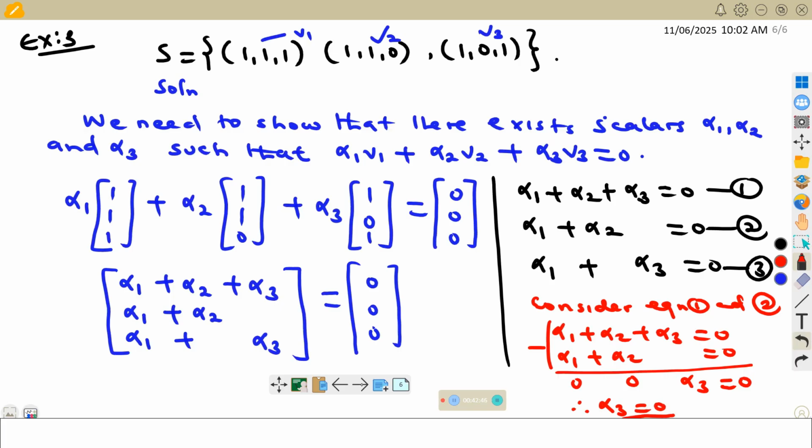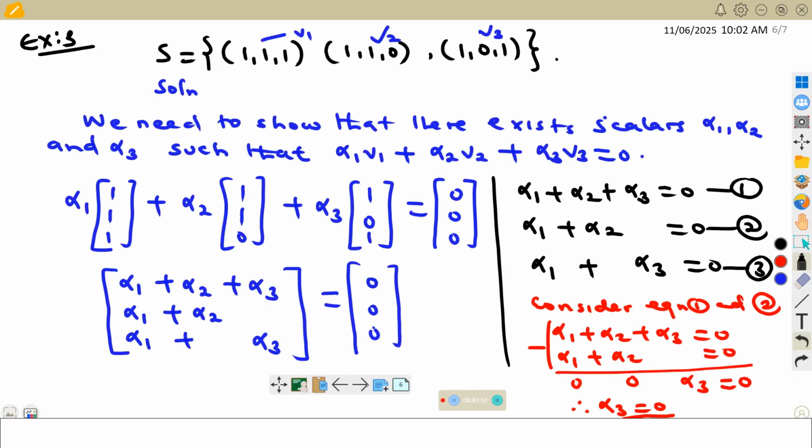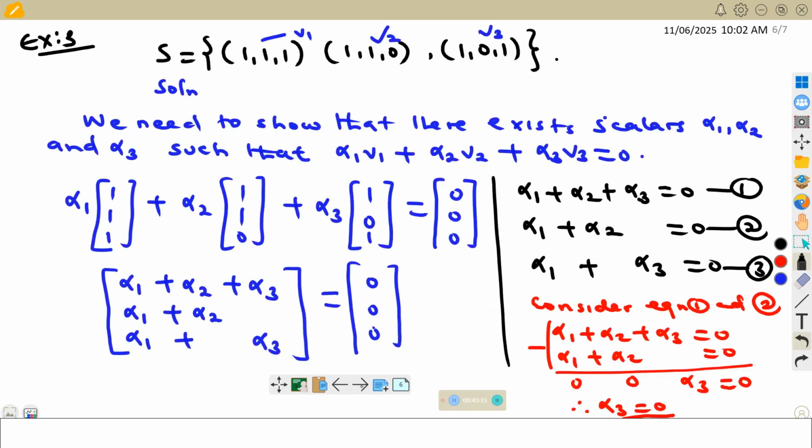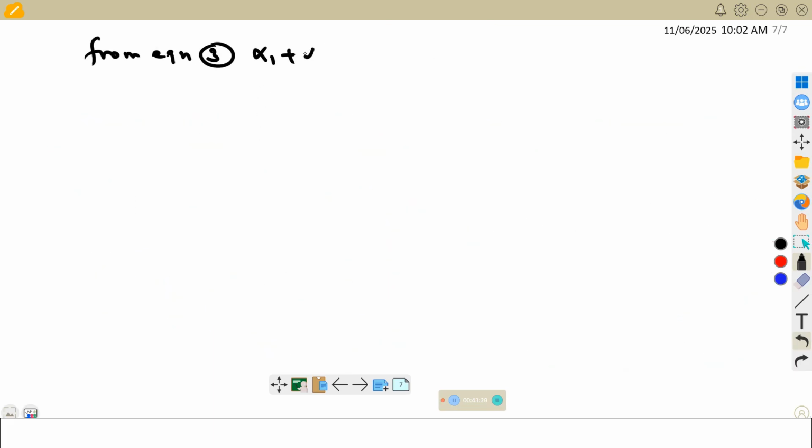So we need to get alpha 1 and alpha 2. From equation 3, we shall have alpha 1 plus alpha 3 is equal to 0.